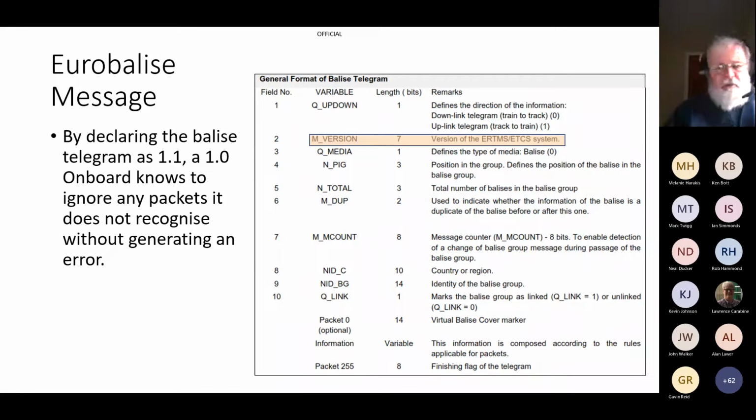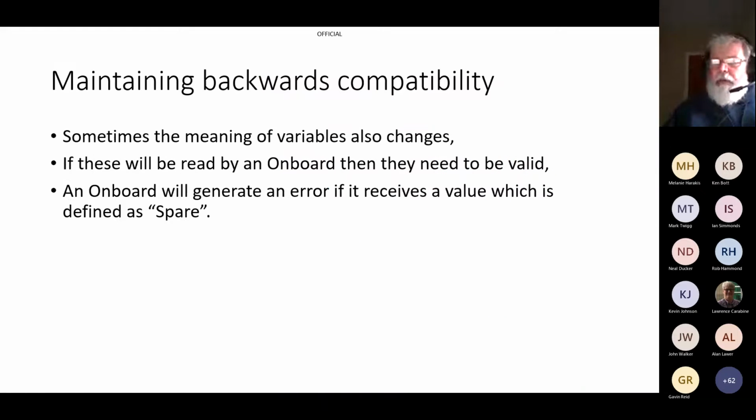So chapter 6 is changing the structure of our language. But in order to maintain backward compatibility, a little bit like your computer system being able to run older versions of Word or whatever, you need to make sure that everything is clearly understood. And sometimes the meaning of the words, the variables, also changes.